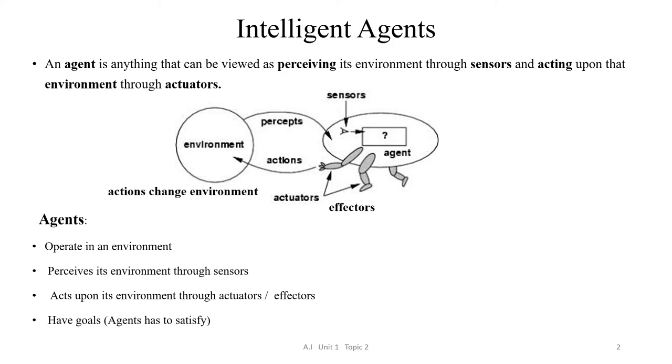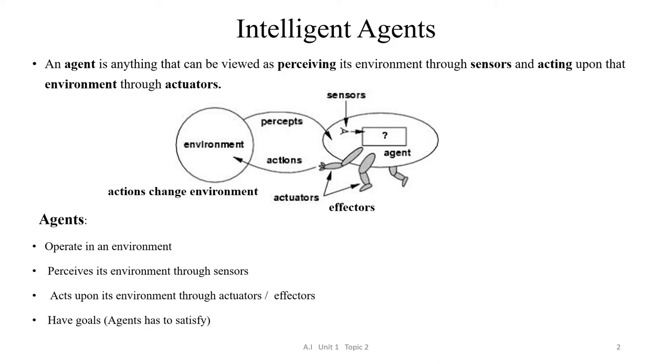For example, if you consider an agent as a person, he can see, he can hear, and by providing inputs to the environment, he perceives the environment and does some actions through actuators.